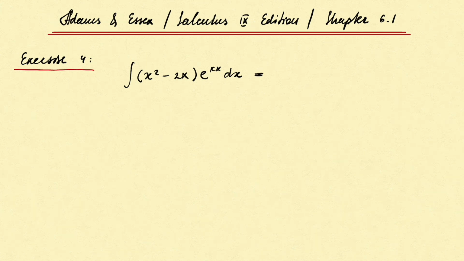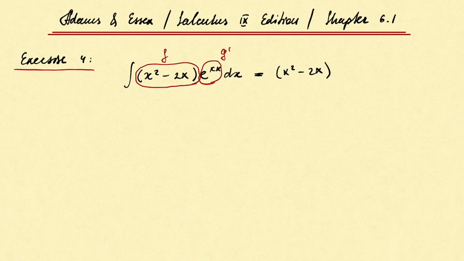As I said before, I'll use integration by parts, and what we will take as our functions is the polynomial as f and the exponential as g prime. We do this because we'll need to differentiate the polynomial to reduce its degree. What we have here is, let's write, x squared minus 2x multiplied by the integral of e to the kx.